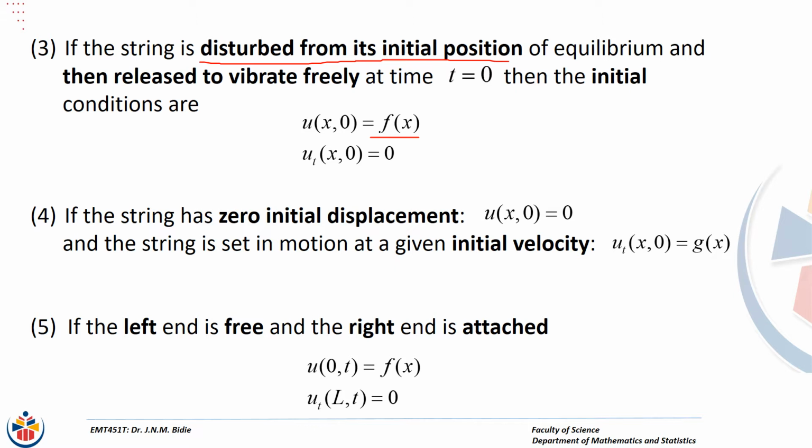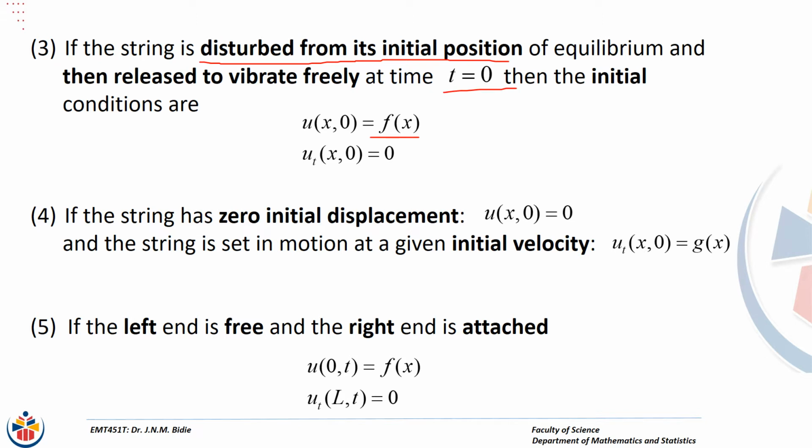I'm hoping that we're noticing that once the string has been disturbed at the initial position of equilibrium, then on the right-hand side we have f of x for the first initial condition. Note, because now we are talking about initial position, t is equal to 0.